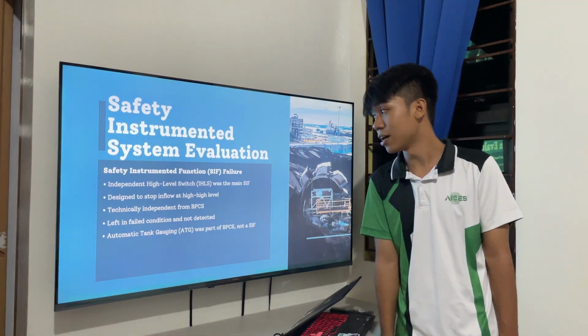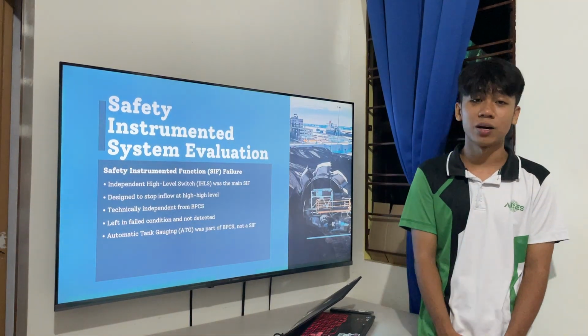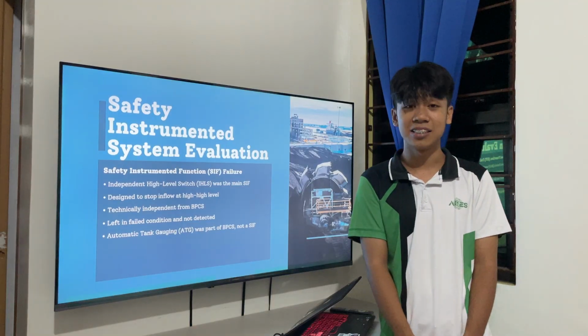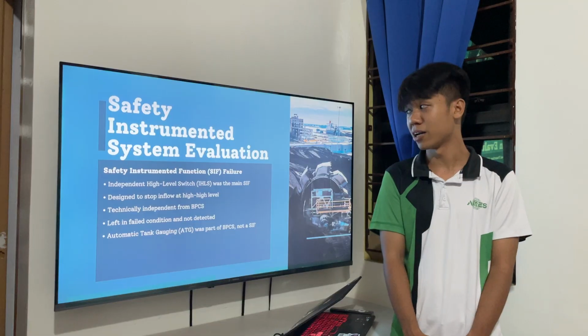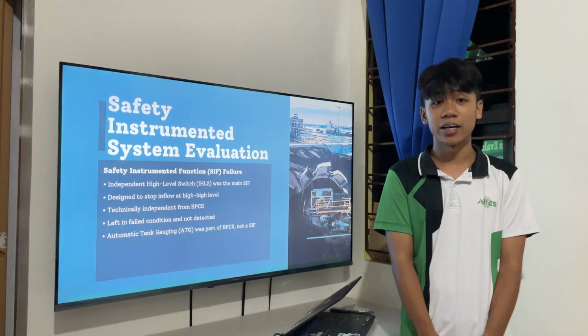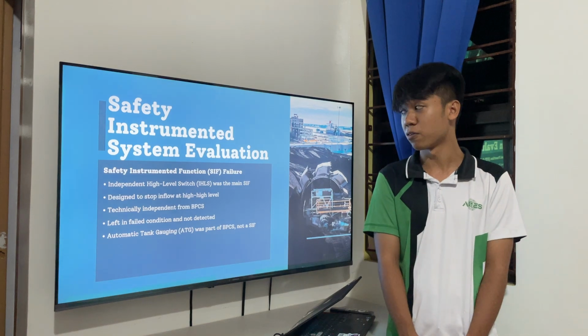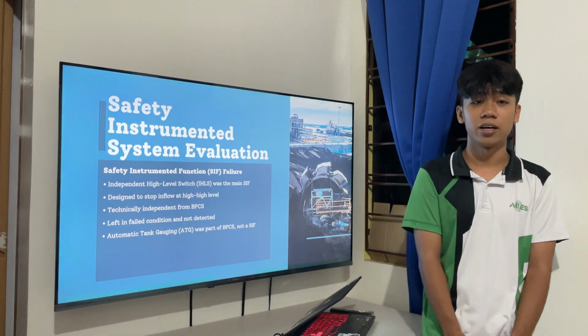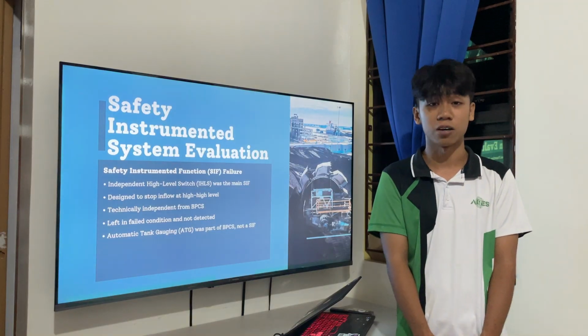For the SIF failure, alongside this was the automatic tank gauging system or ATG, which was part of the Basic Process Control System or BPCS. The ATG system was meant for normal operation control, not for emergency shutdown, and therefore should not be classified as a safety instrumented function.